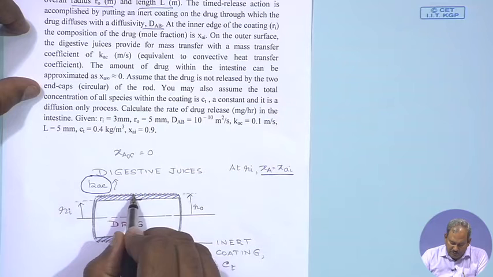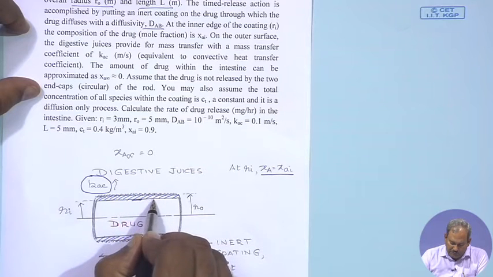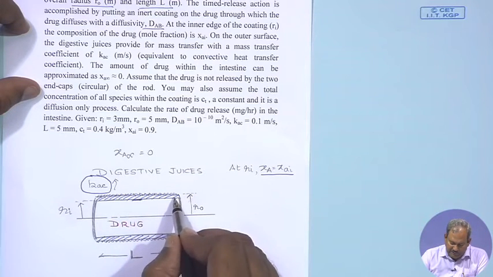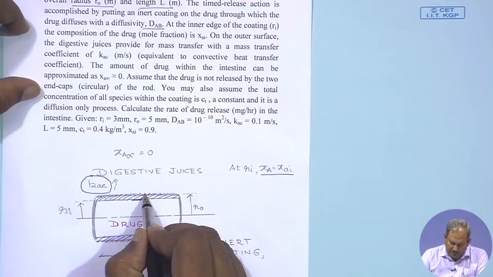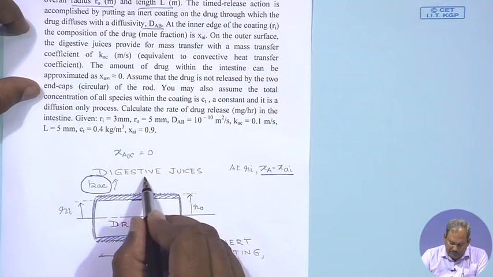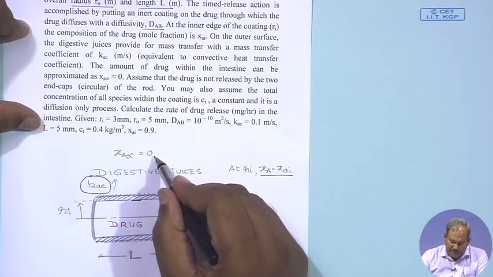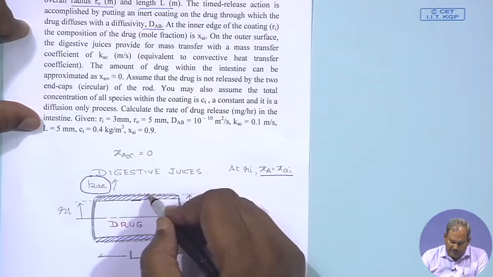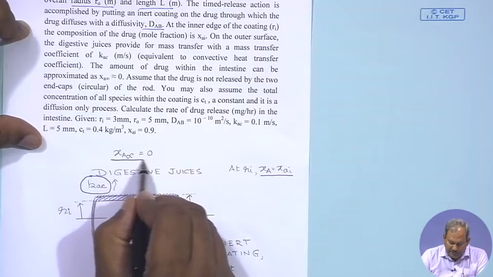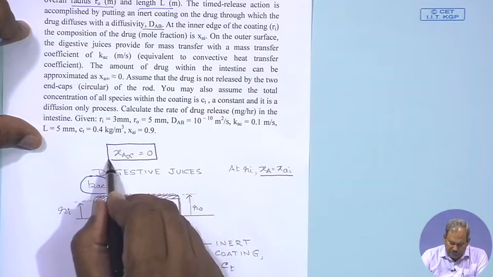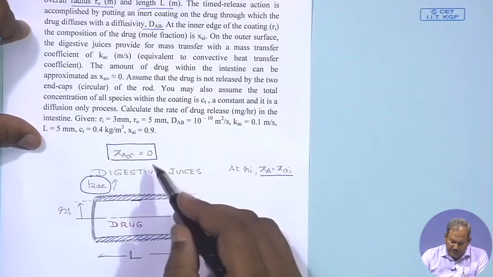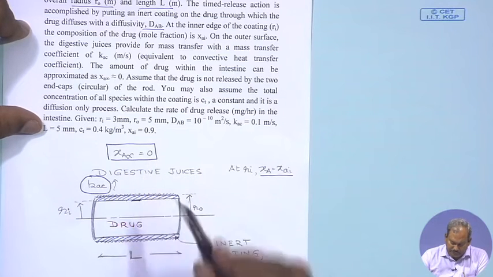So, any drug molecule which comes on the outside through diffusion through this inert layer, which is the blue shaded region, will then be moved away by a convective mass transfer coefficient, and the concentration at the outside of the drug at a point far from it is maintained at 0 concentration. So, X A infinity is equal to 0.